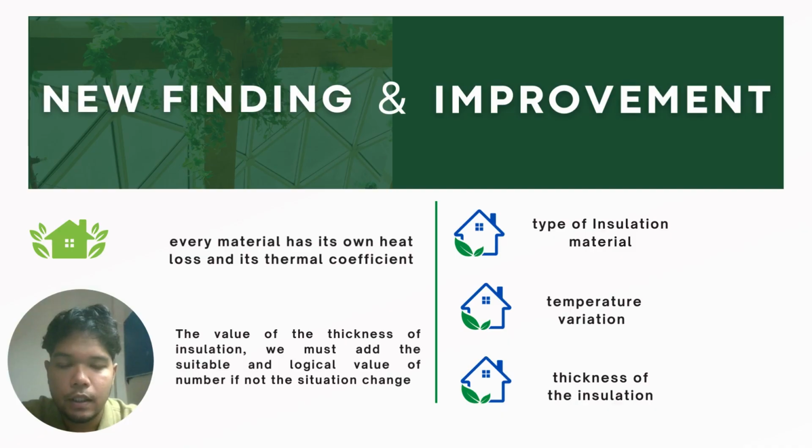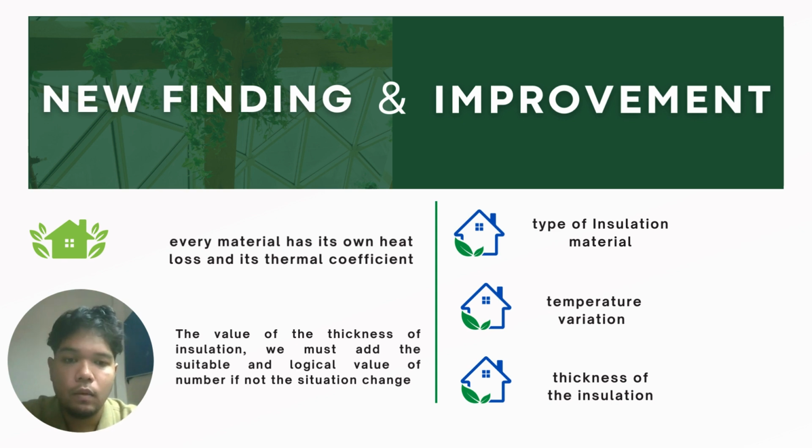For discussion, there are new findings and improvements to reduce the heat loss. The first new finding is we know that every material has its own thermal conductivity coefficient. For example, the thermal conductivity for cast iron is 80.